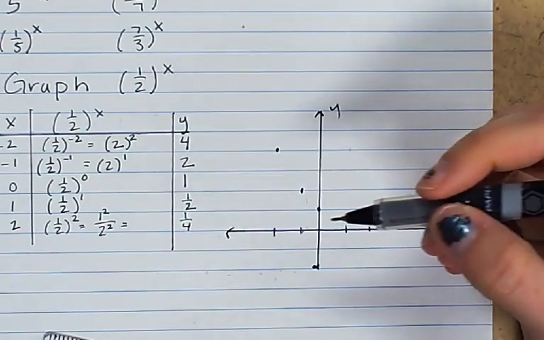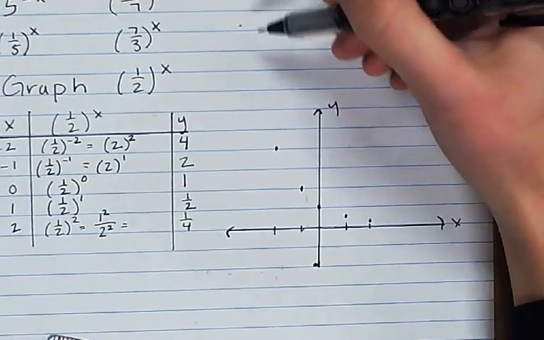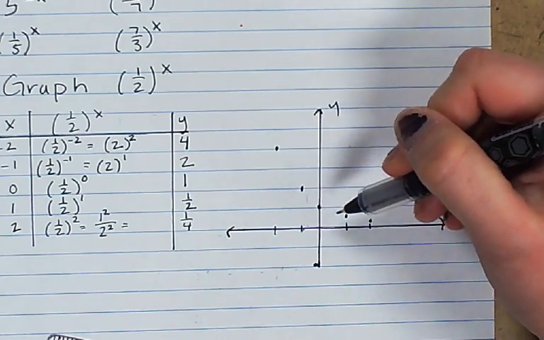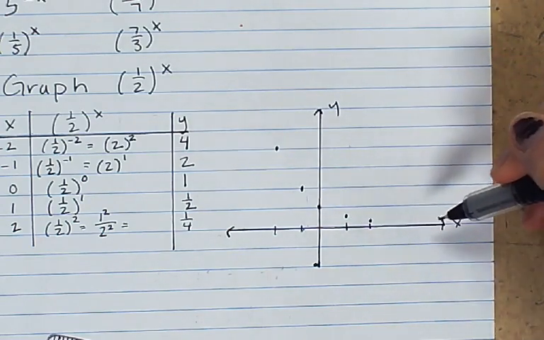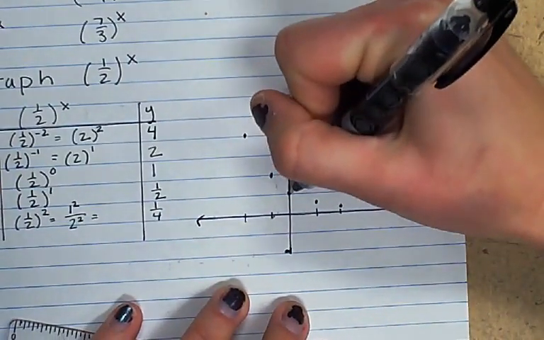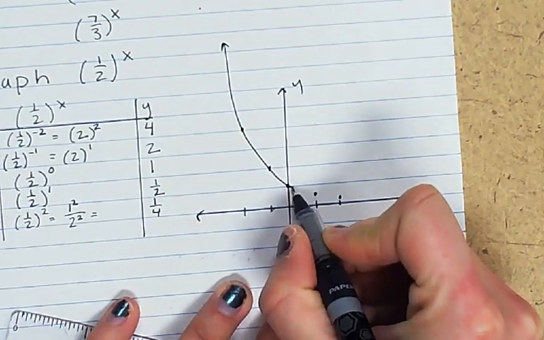Exponential decay comes in the opposite way. As x is negative, it's way, way up here. But then as x gets bigger, your y value gets closer and closer to the x-axis because it is decaying. So if I fill this in, starting from my y-axis, it ends up looking like this.